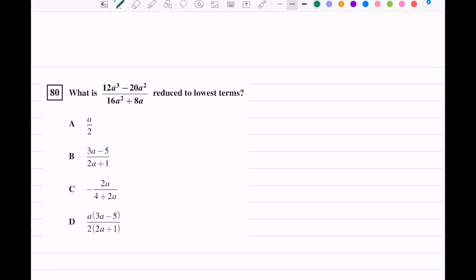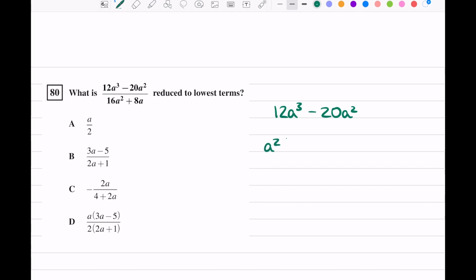What is 12a cubed minus 20a squared over 16a squared plus 8a, reduced to lowest terms? Starting with our numerator, we have 12a cubed minus 20a squared. And looking for the common number that we're multiplying in each of our terms, you can see an a squared is being multiplied. So we can factor that out.